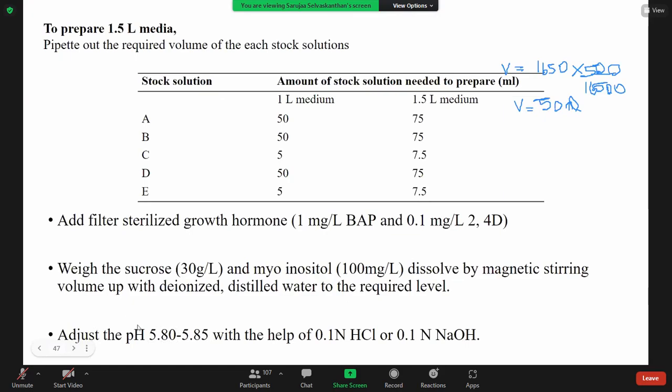If higher, HCl, a very minute amount, and we can bring it to 5.8, because at this pH the absorption of nutrients by the plant part is high, right? So we have to adjust the pH until it comes to 5.8.